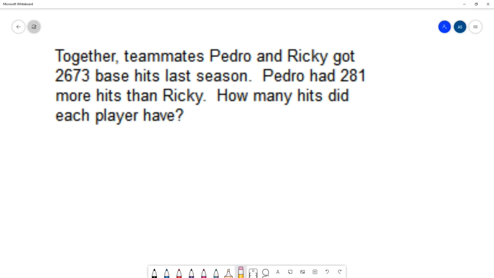So this is an example where we can set up a couple equations from the information. And when we have those equations, we have a system of equations. And we'll solve that system with substitution or elimination. So if we read the question again, it says, how many hits did each player have? So let's set up some variables.